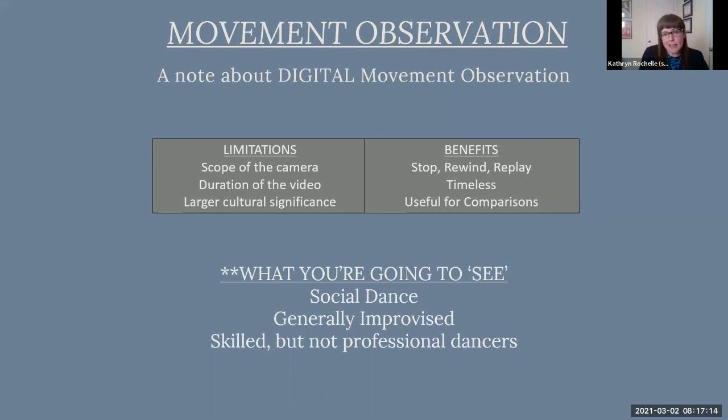We're seeing people out dancing socially. Generally, their dancing will be improvised, and you're going to see skilled but not professional dancers. So that first block in our movement observation, the setting block, I've tried to make the setting pretty much the same across the videos. So for now, we're going to ignore the setting in favor of a few other things.